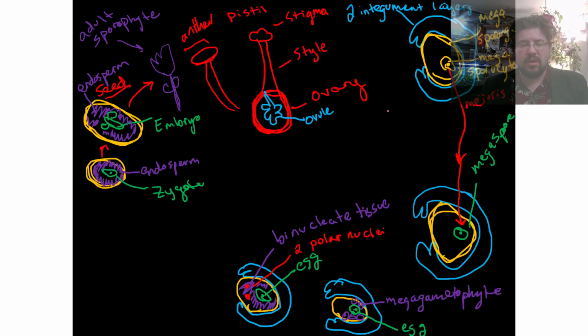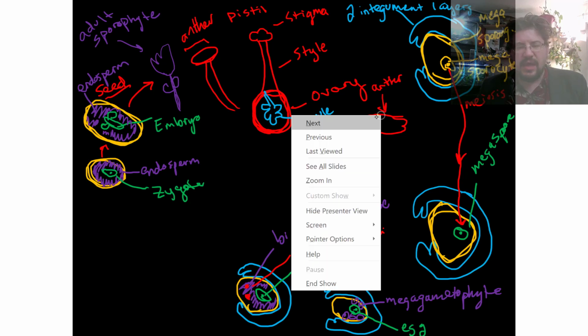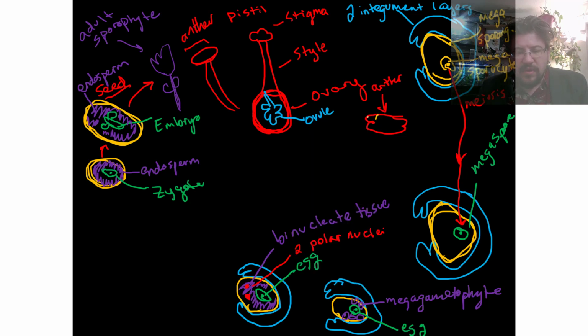Okay, so inside our anther, we have our microsporangium. And I'm just going to draw a big one, but there's like tons and tons of them, right? We have their tiny, tiny little microscopic structures all through there. But here's my big illustrative one. So, microsporangium.